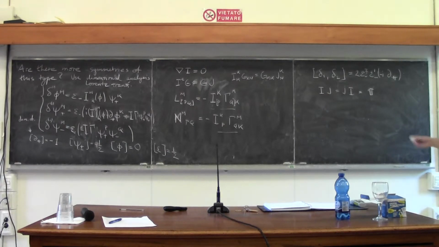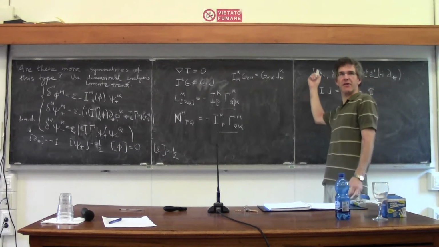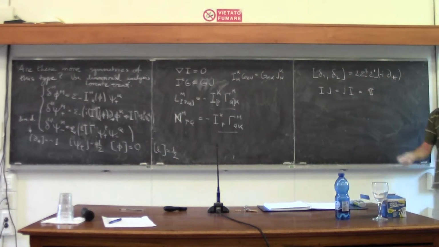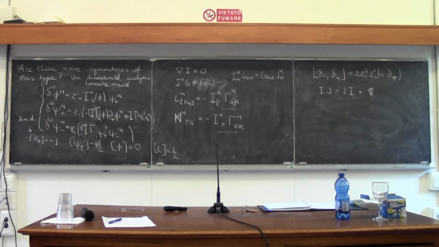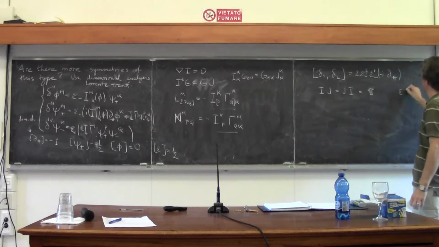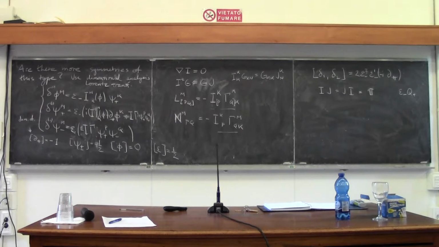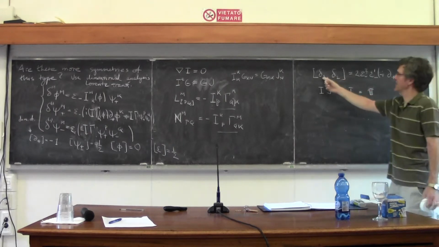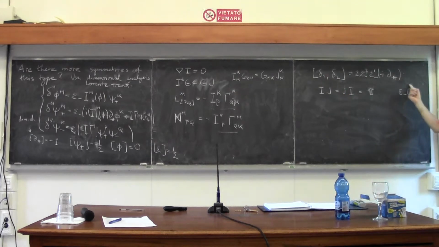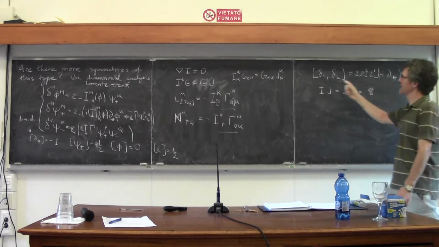If you're looking at the algebra, the generators of these transformations are anti-commuting objects, and their natural bracket is an anti-commutator. So I expect the right-hand side to be symmetric, not anti-symmetric. But if I include the parameter together with the generator, then I get something which is commuting. That's why with the delta I get the commuting.